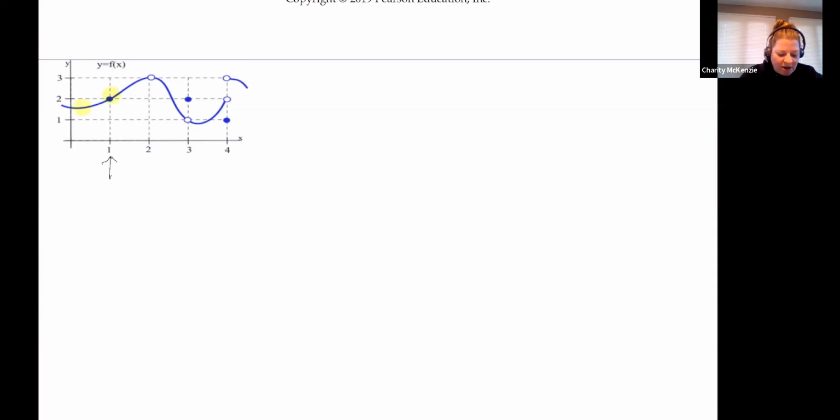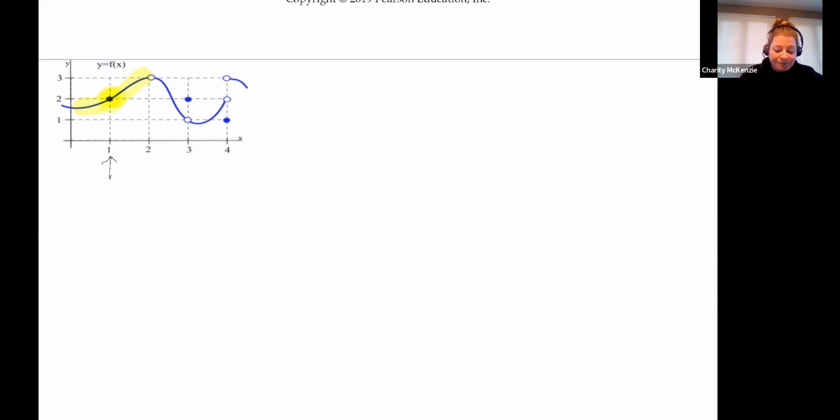So I look from the left and I look from the right. What number is it headed to? If I get really close on one side and really close on the other, where is it headed? I don't care about the actual value at that spot. I care about how it's approaching there.